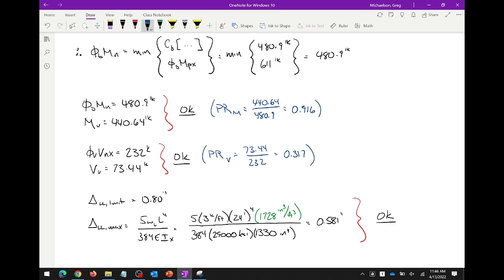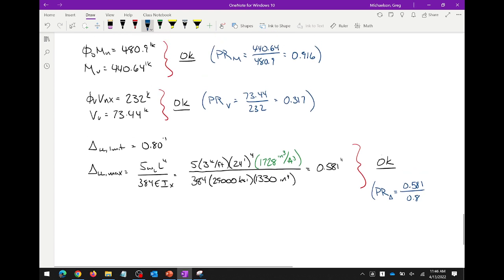And you can say your performance ratio is 0.581 over 0.8. And so when you chug that out, you get 0.726. So obviously deflections were important, but for this problem they weren't as important as the moment, right?